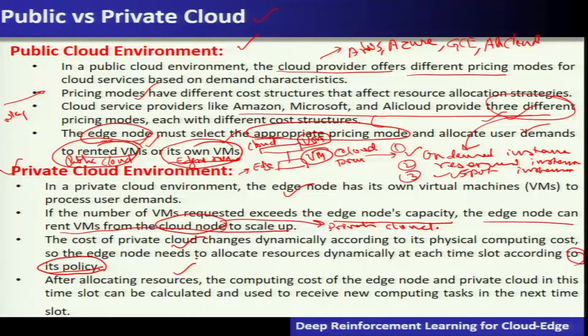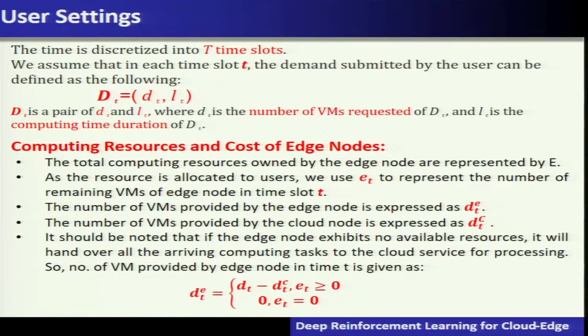After the allocation, according to the strategy or policy, the computing cost of the edge node and the private node in this time slot can be calculated and used to receive the new computing task in the next time slot. So, let us understand the problem formulation under this cloud edge environment, starting with the user settings.